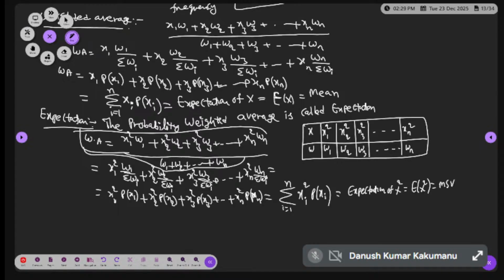First one is the mean. This is a mean squared value. This is a weighted average. See, only one division is there, so don't get any confusion.